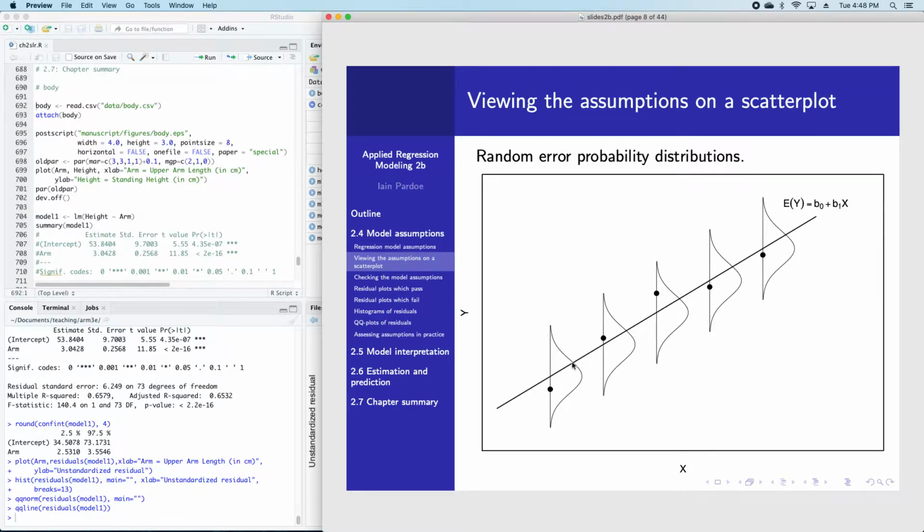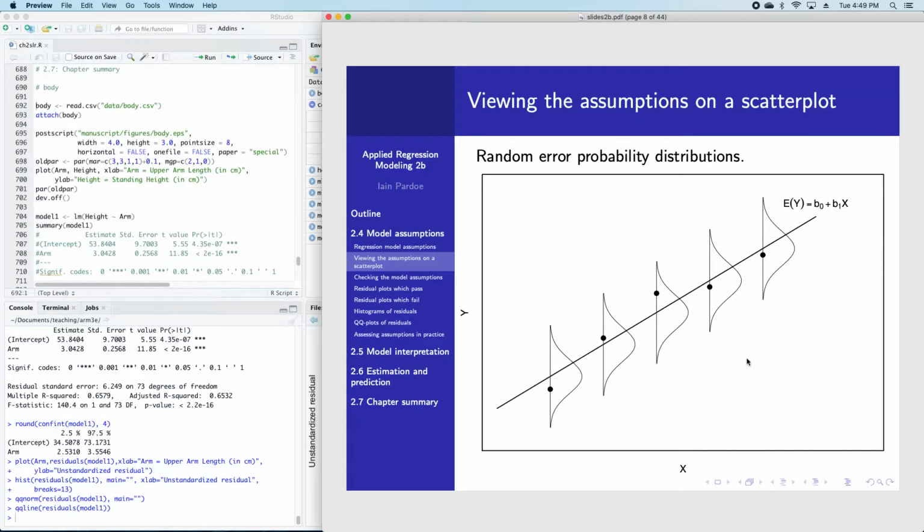It's usually not, it's usually off by a little bit, and it's off by the amount of the error. So this one's below the regression line, this one's a little bit above, this one's even more above, and so on. But on average, we expect all the errors to be 0 and for all the points to lie along the regression line on average. The other thing to note here is that each of these normal distributions, these bell curves, all have the same spread. So that's the constant variance assumption.